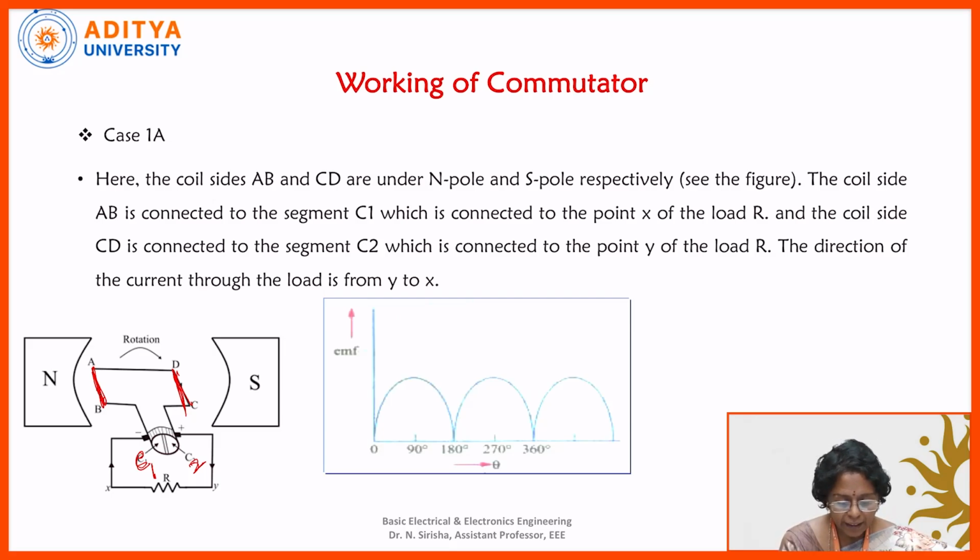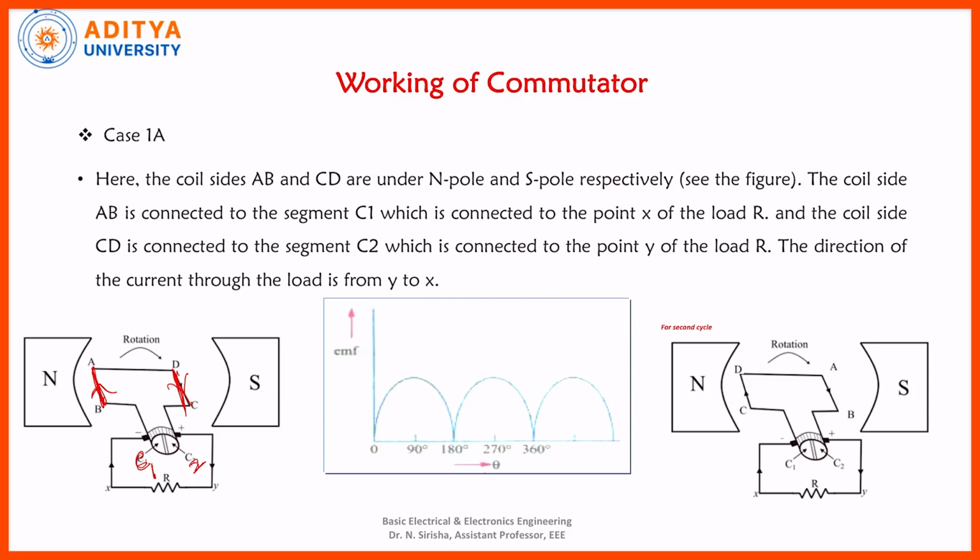At this instant, when the EMF is generated, current will be flowing from CD through Y and through X, and the path is closed with AB. So this is the first position in which the coil is rotating. Next, when the rectangular coil is rotated by 180 degrees, CD comes under the vicinity of the north pole and AB comes under the vicinity of the south pole.